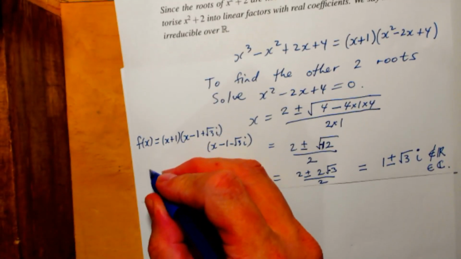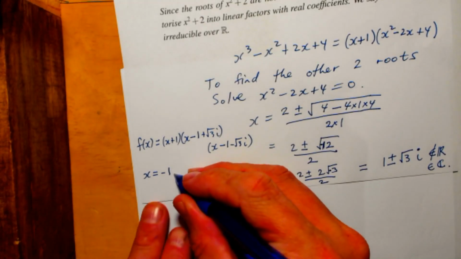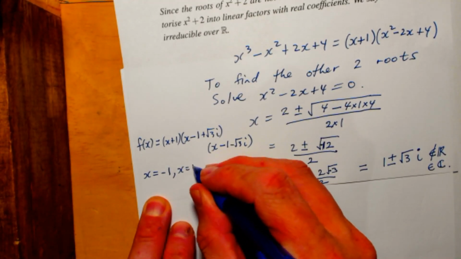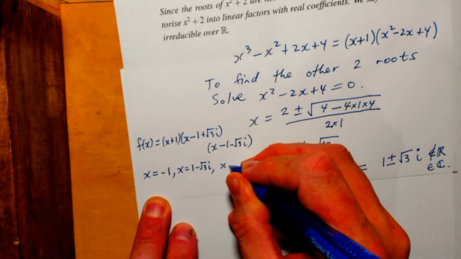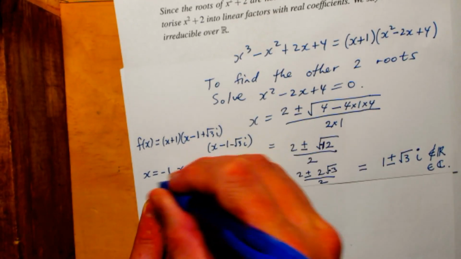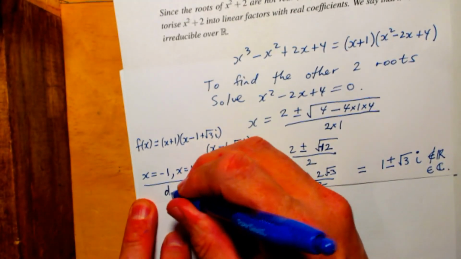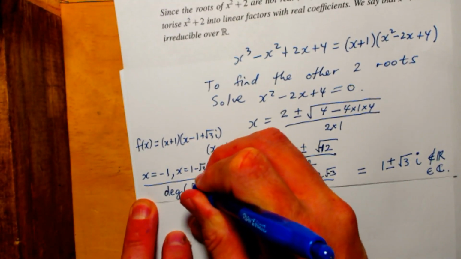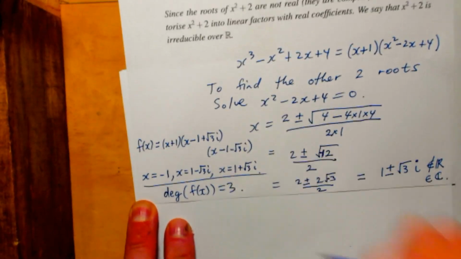So our three roots are x is minus 1, x is 1 minus root 3i, x is 1 plus root 3i. Okay, three roots according to the fundamental theorem of algebra, because the degree of f of x is 3. Alright, that's all for today.